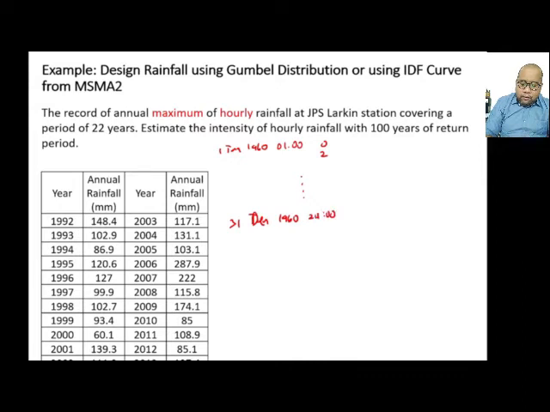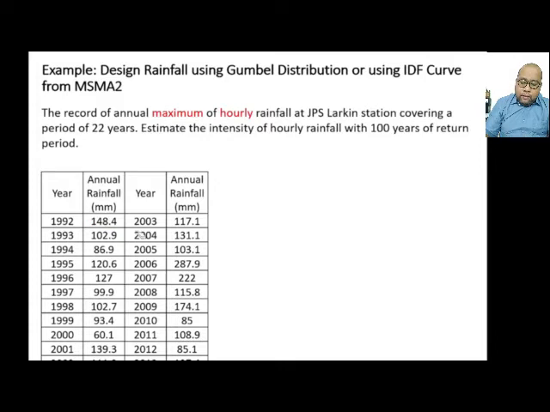So you have, for example, 2 millimeter. So you find the maximum data for 1960. If you find the maximum data, this one we call the annual maximum rainfall. So you put it in this table.